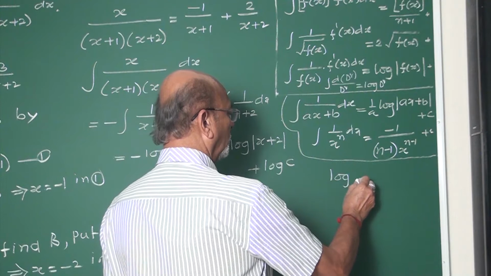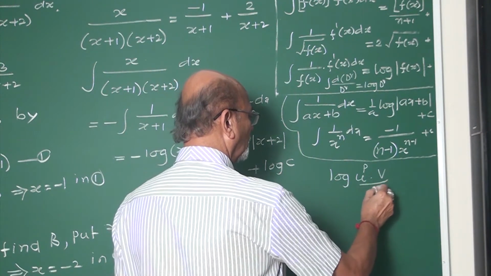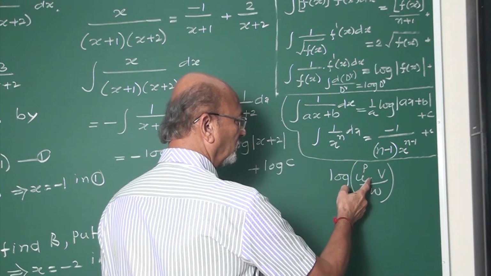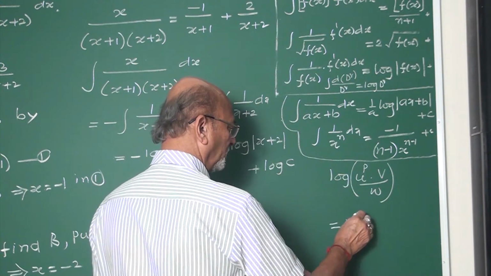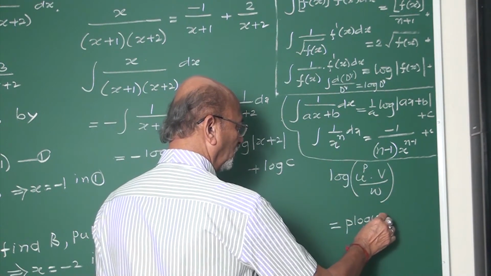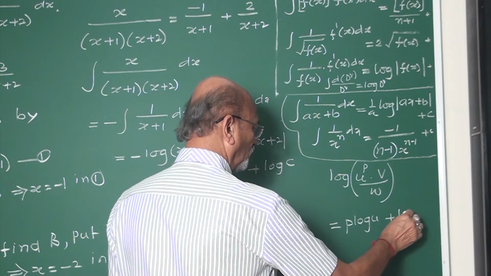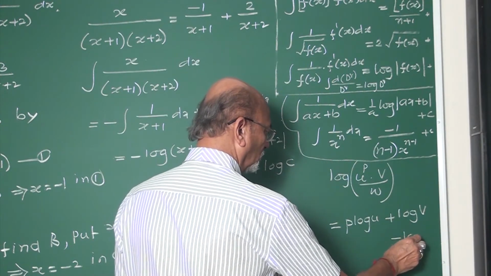Log of u to the power p into v down w. Power, multiplication, division. The power becomes the coefficient, p log u. Product is plus log v. Division is minus log w.